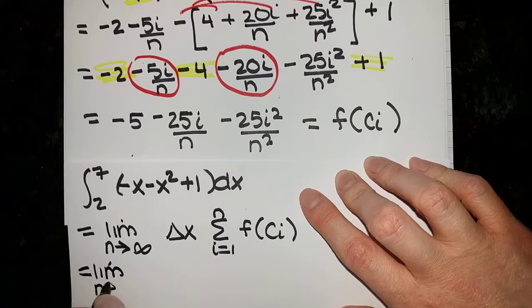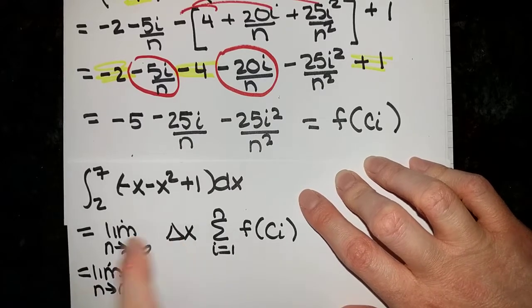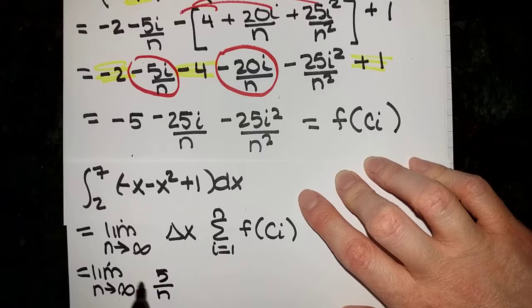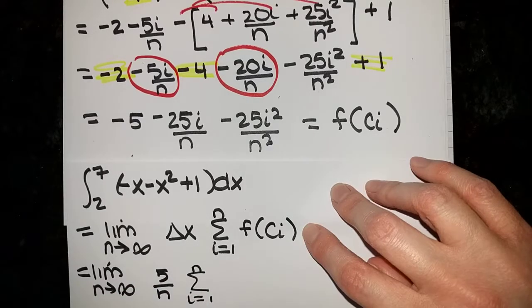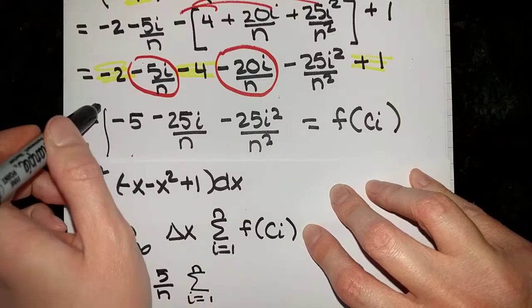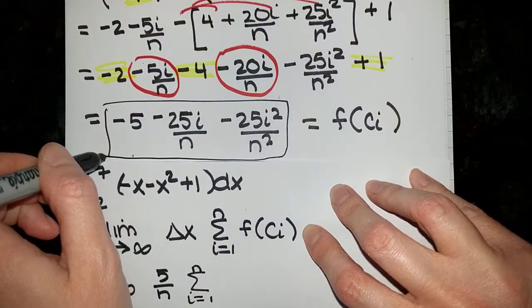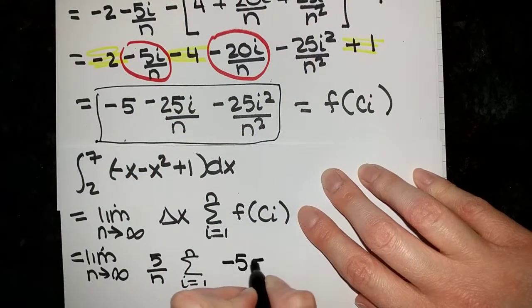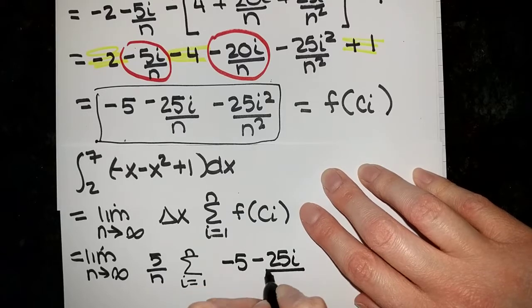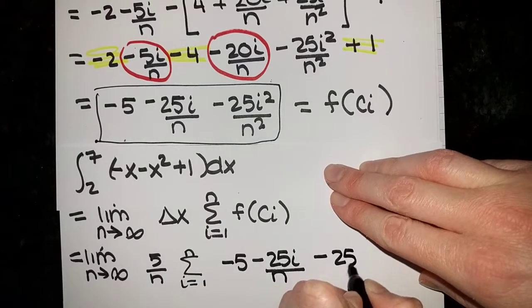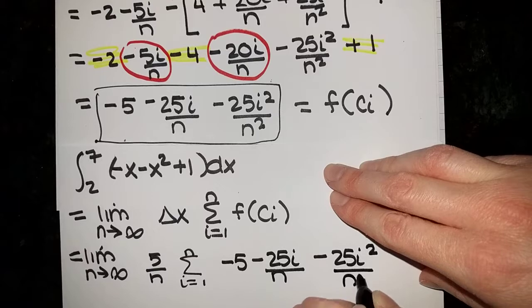So we're going to plug in our delta x, which we found as 5 over n, and then the sum from i equals 1 to n of our f of ci, which again is this three-term expression. So negative 5 minus 25i over n minus 25i squared over n squared.